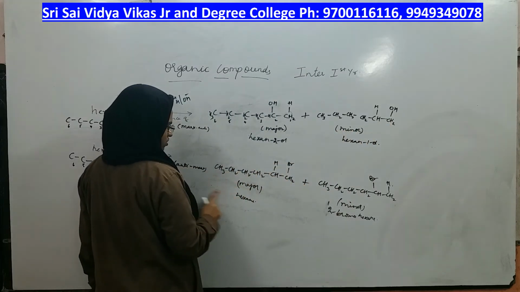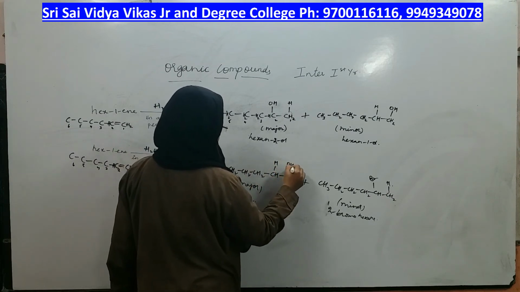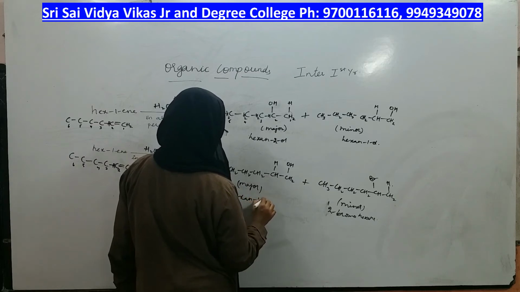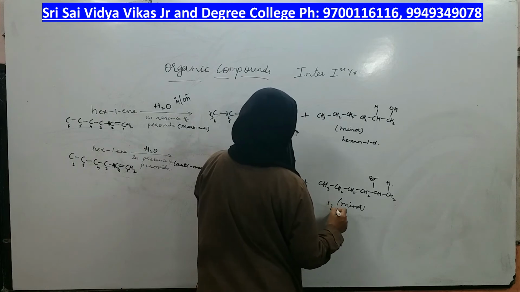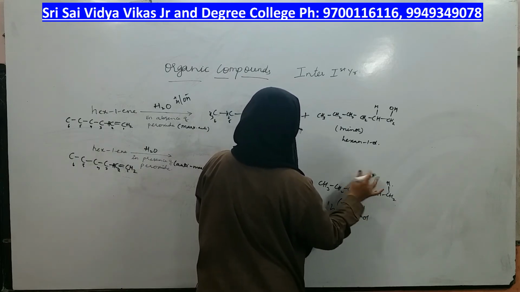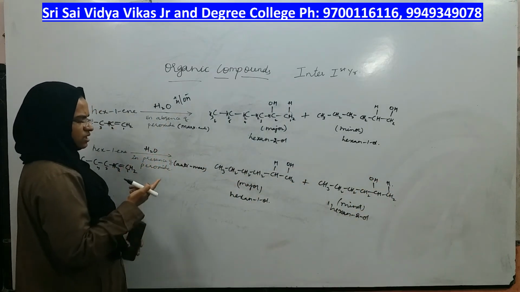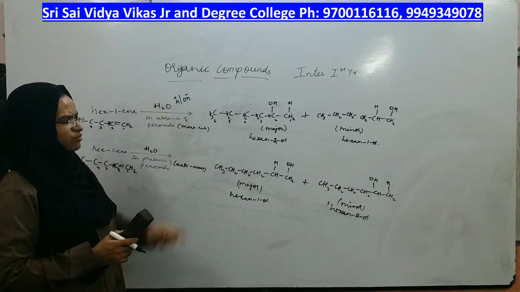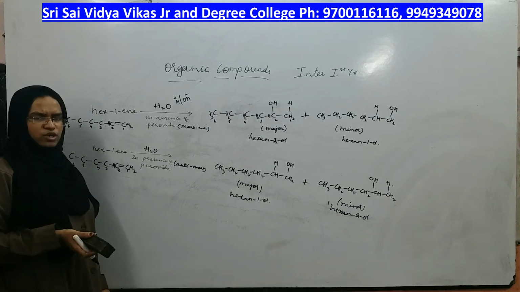Same way, instead of writing 1-bromohexane, make it hexane-1-ol and hexane-2-ol. Replace bromine with OH. Reagent also I have already replaced, right? If the reagent was H2O, then this type of products you will get, right? You please copy down, then we will move on to alkynes.